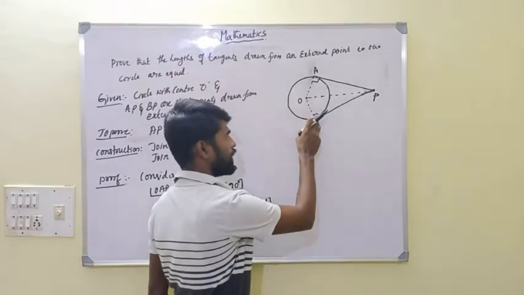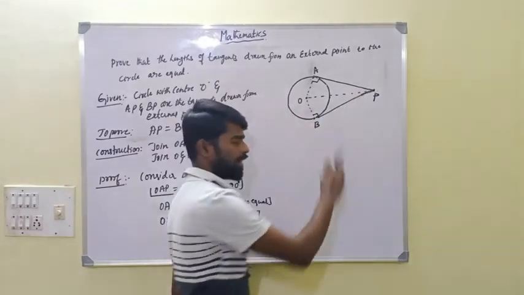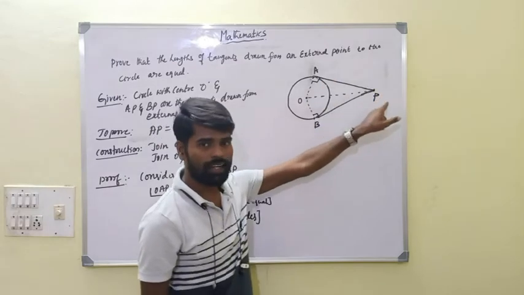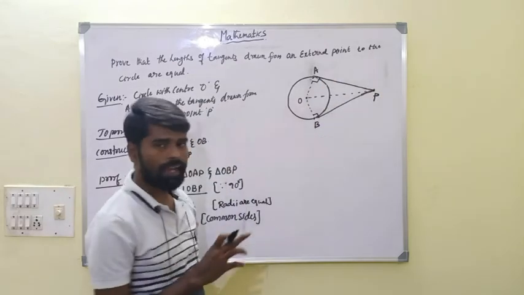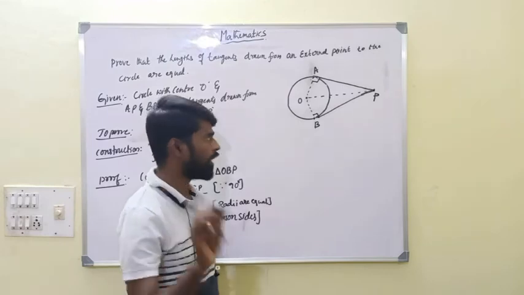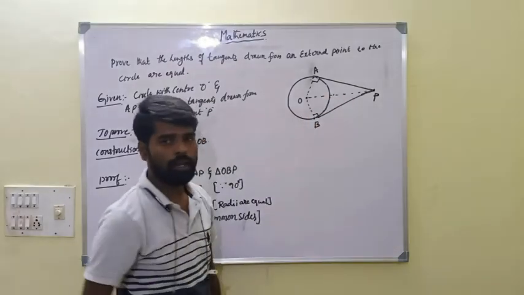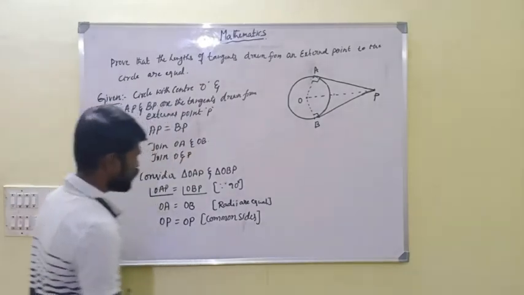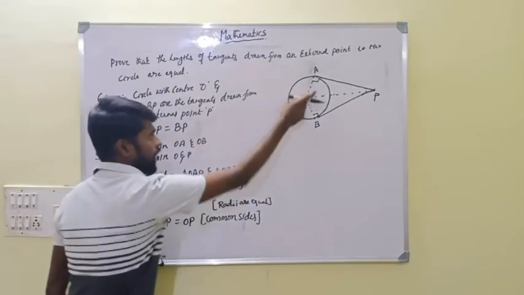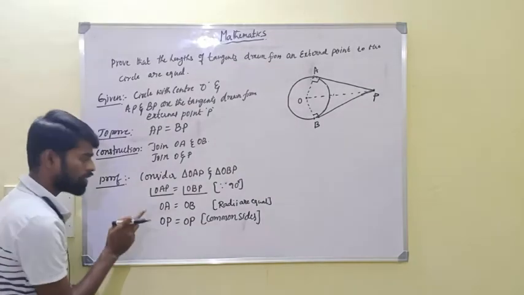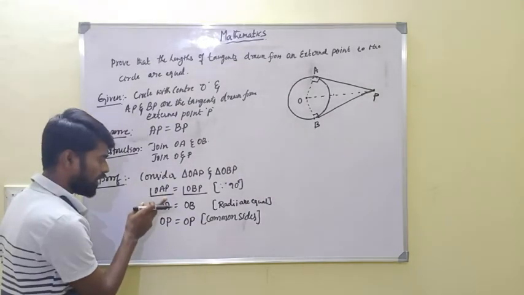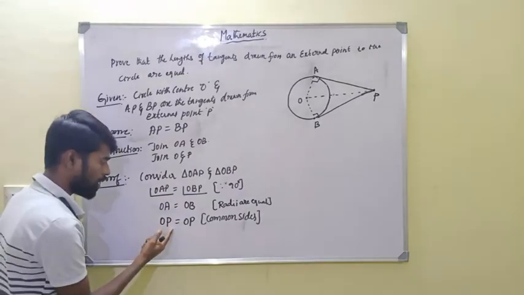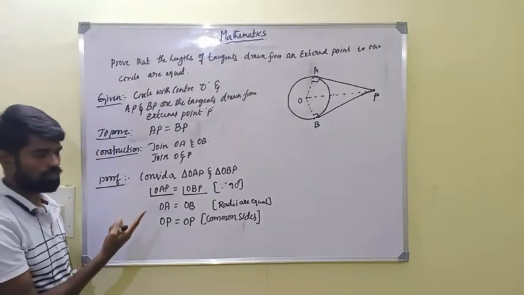Because 90 degrees here means OBP is a right angle triangle, and 90 degrees here means OAP is a right angle triangle. The side opposite to the right angle is called the hypotenuse. So OP is the hypotenuse. So in these two triangles, three elements are equal: one is 90 degrees, another is a pair of sides, and the last one is the hypotenuse.